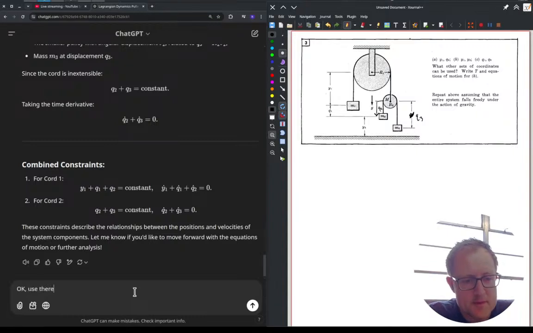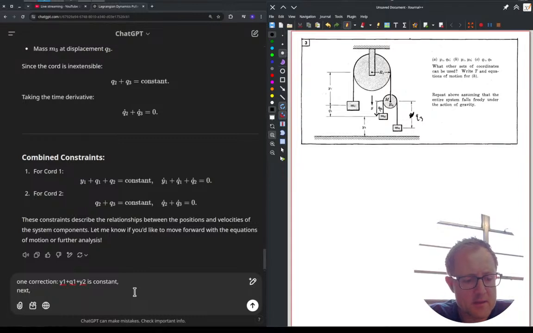Okay, one correction: y1 plus q1 plus y2 is constant.